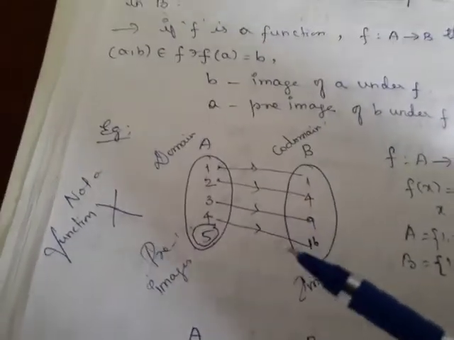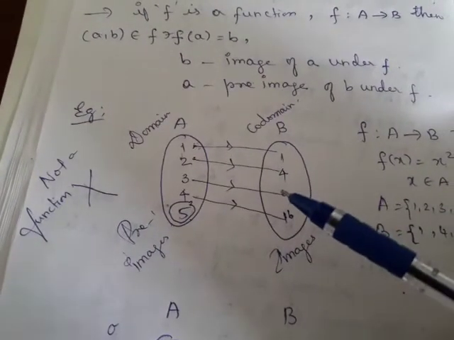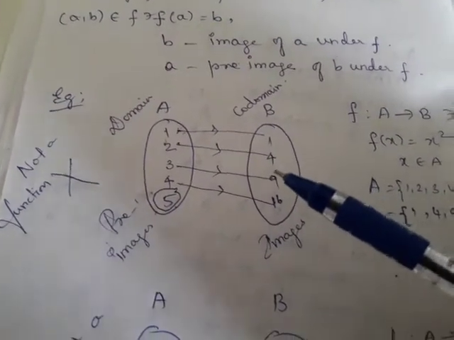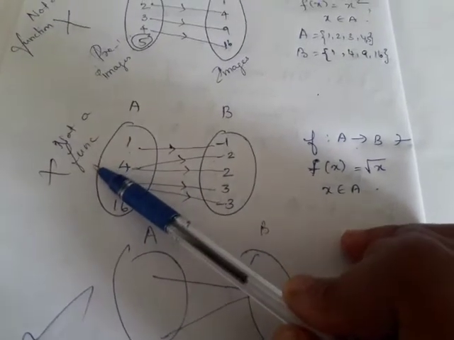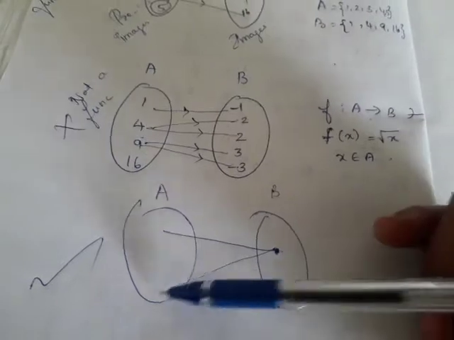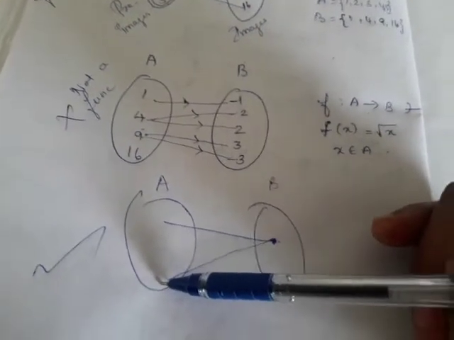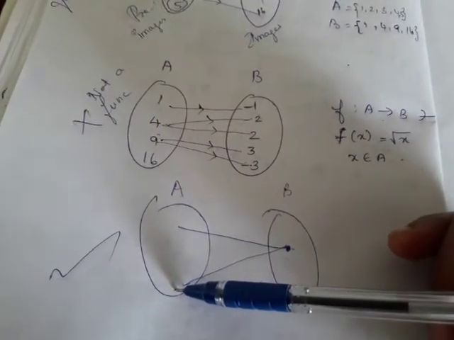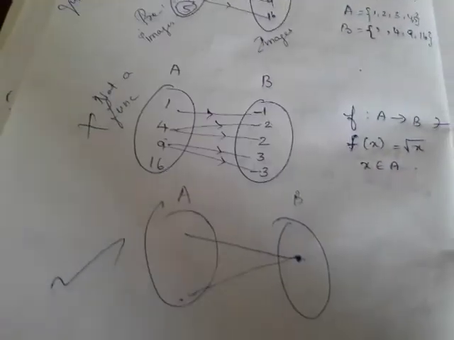Such a kind of relation is only called a function, right? If it has two images, then it is not a function. And if an image has two pre-images, it is a function only, right?